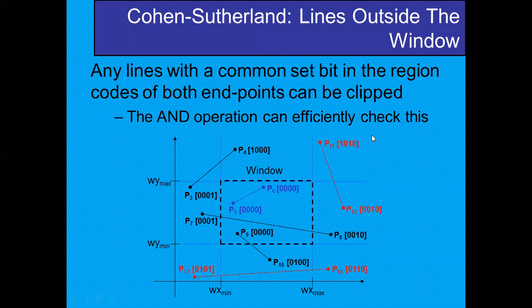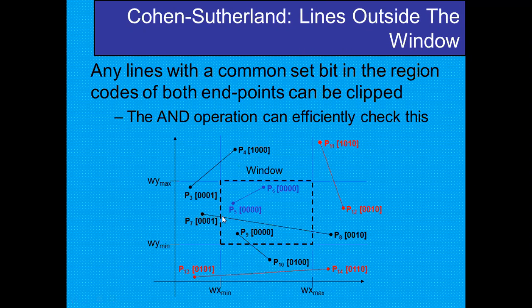As we have discussed, where the lines lie outside, we need to clip, like in this case. Clipping is required because this portion lies inside and the remaining portion outside.